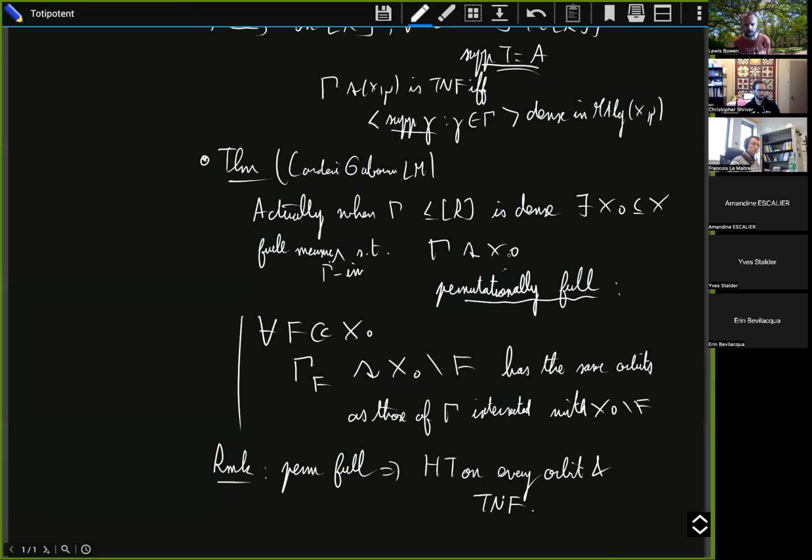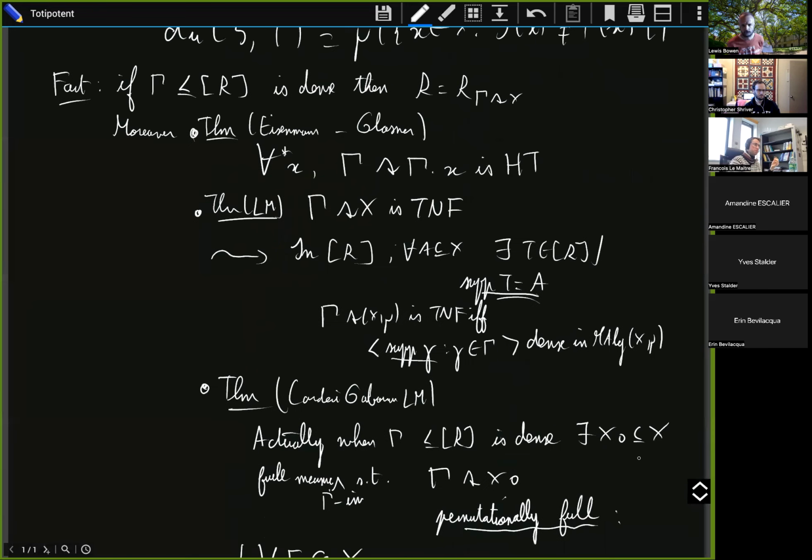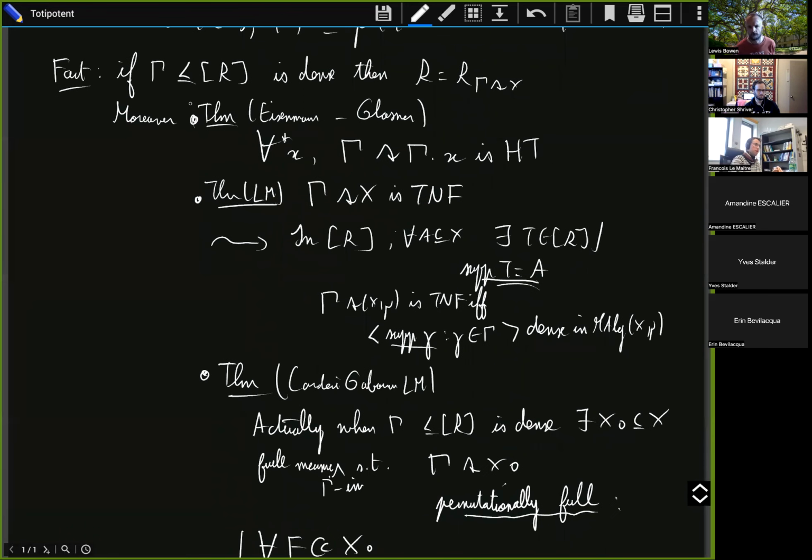So once you're working on this set X0, this full measure set, and you view it as a discrete set, you have both these properties automatically. And in particular, this puts under a common umbrella these two results. So this is nice.